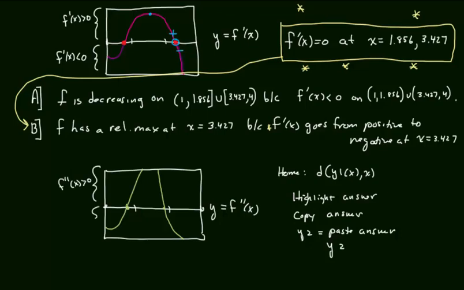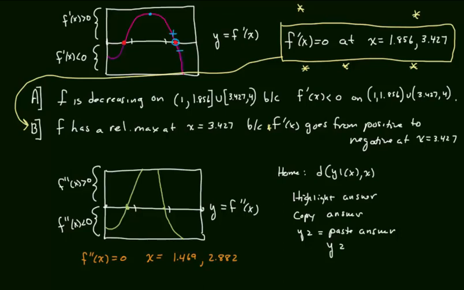Below, f double prime of x is less than 0. I'm going to use my calculator to determine where f double prime of x equals 0, and that occurs at x equals 1.469, also at 2.882.